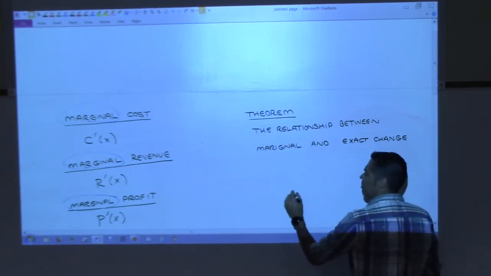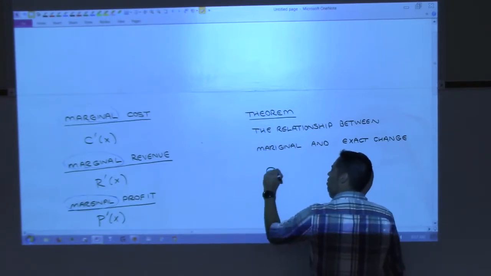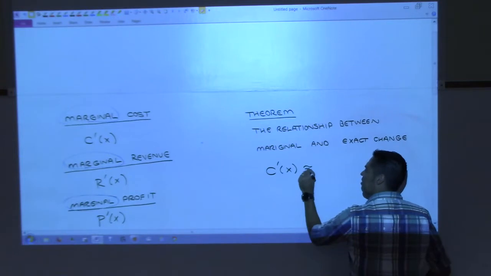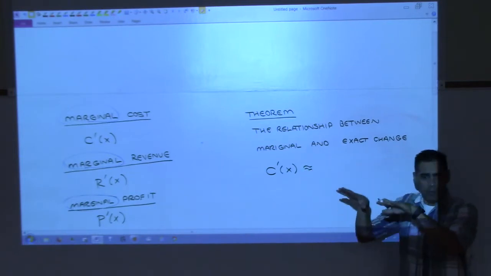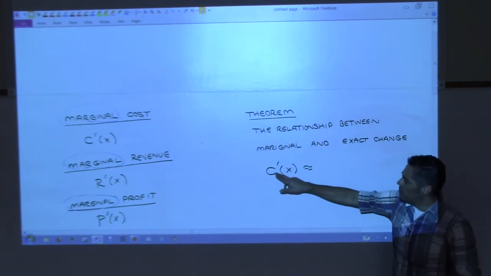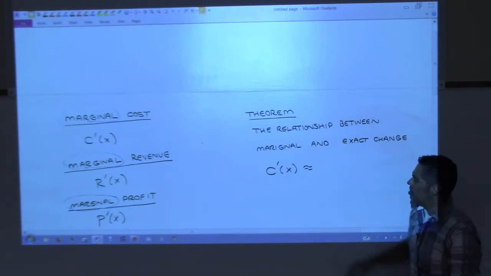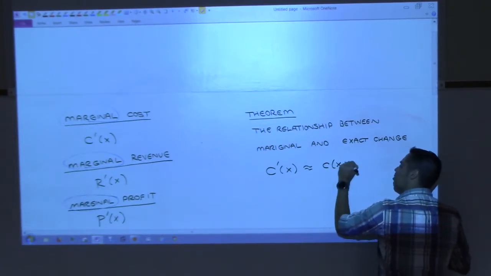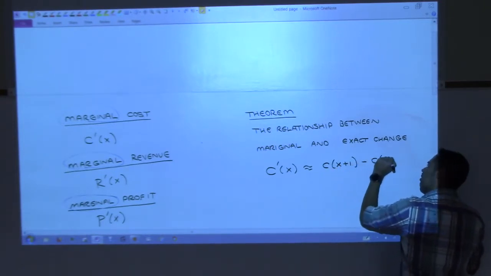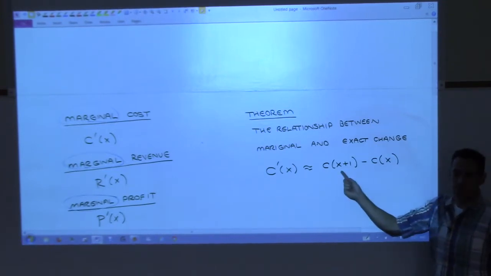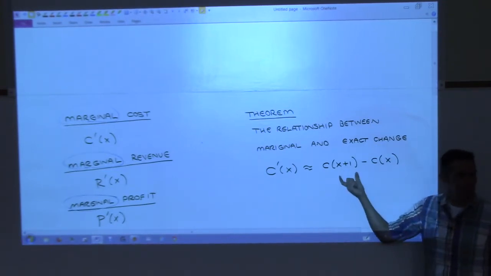It says this: the marginal cost function is a good approximation. So we use a squiggly equals to mean approximate. All right? The marginal cost function at x is a good approximation of the exact change in your cost function, going from x to x plus 1 items. Isn't that exactly what I just tried to show you with that picture?